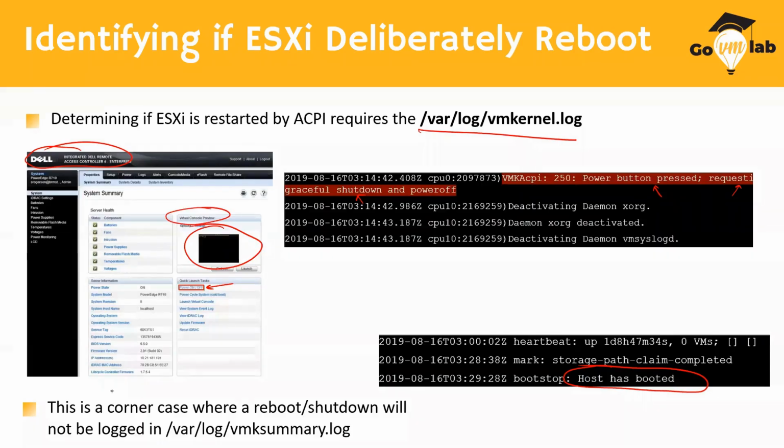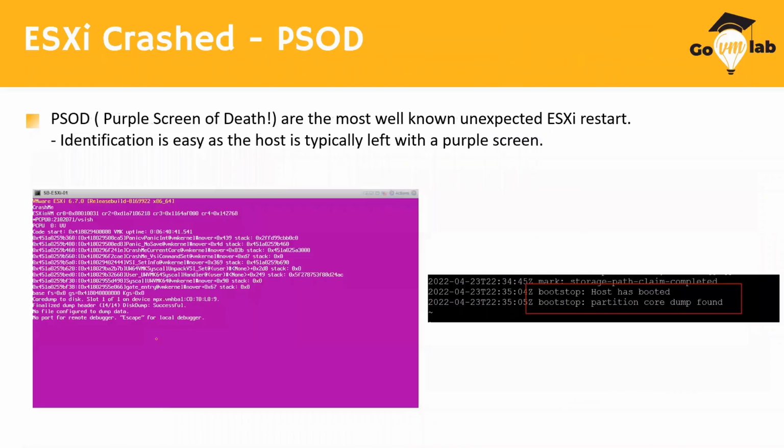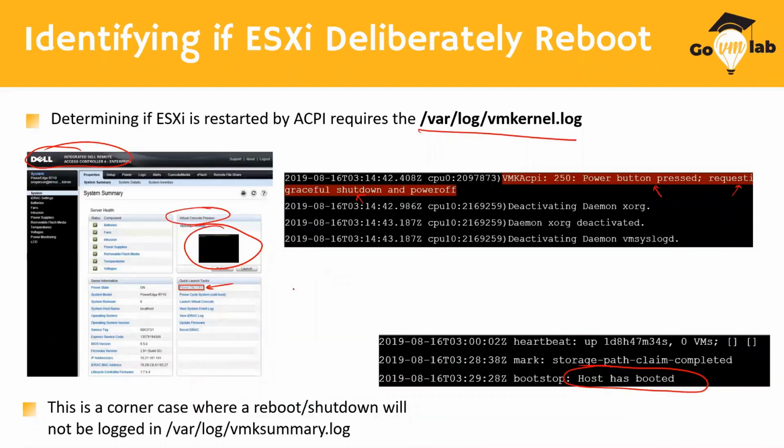This is a very corner case, where a reboot or shutdown will not be logged in vmksummary.log. This is a very important point to know: if your ESXi host reboot happens using this iDRAC or ILO, the event will not be logged in your vmksummary.log file.